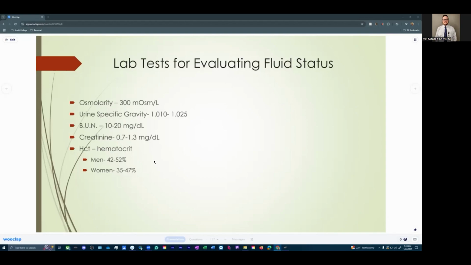BUN stands for blood urea nitrogen. BUN and creatinine here are very honed in on. These are measurements of overall kidney function. So osmolarity and urine specific gravity talk about concentration of solutes and sodium in our blood and give us an idea of possible dehydration.